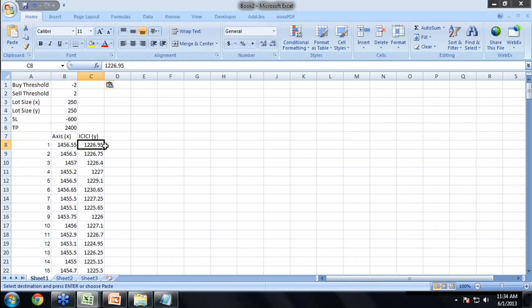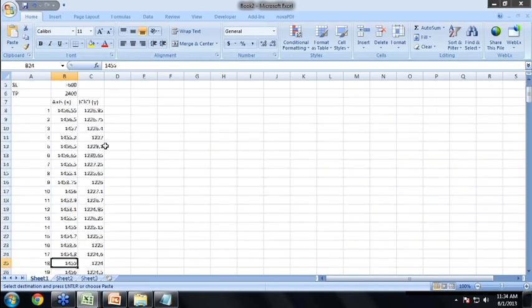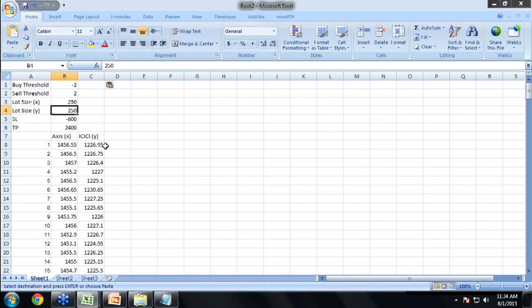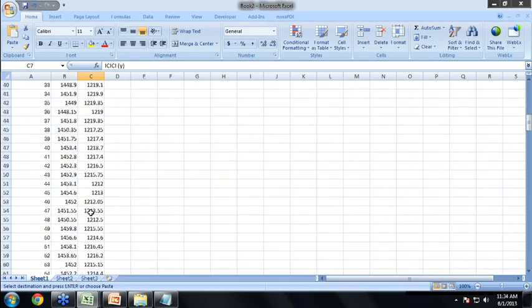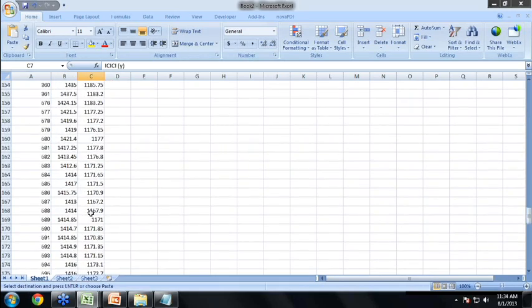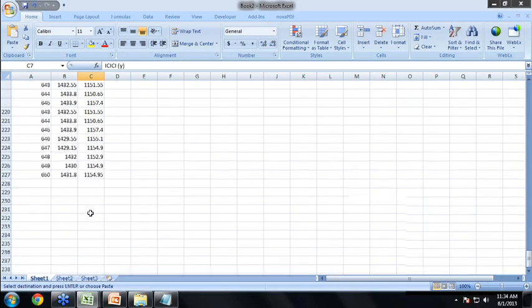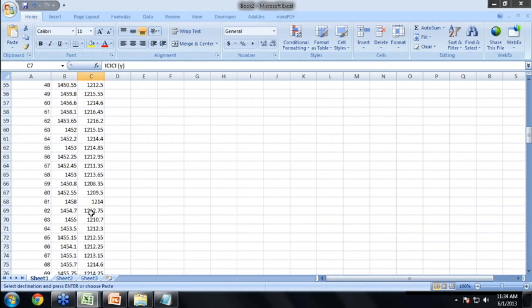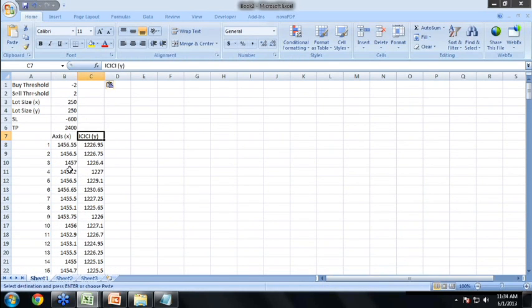These are 5-minute closing prices. So this Axis is my X and ICICI is my Y. This is for I think 3 days or something, so it would be about 200 or 220 data points. All right, so we will be doing a step-by-step process.